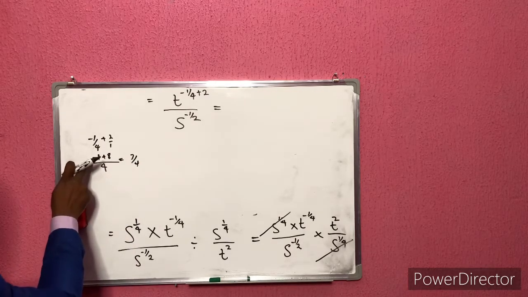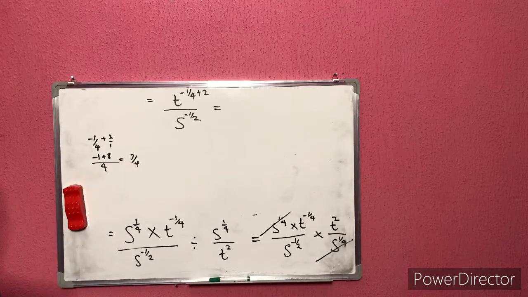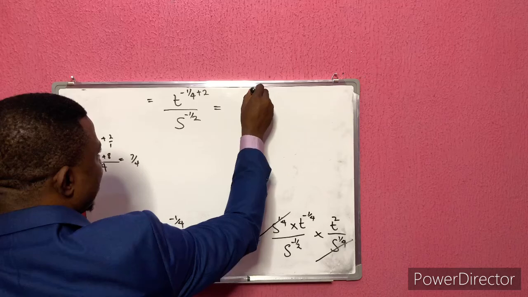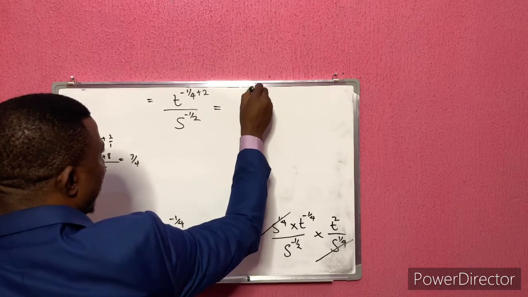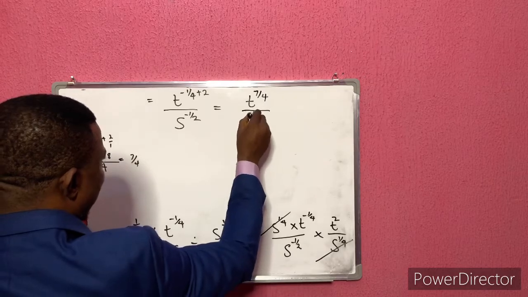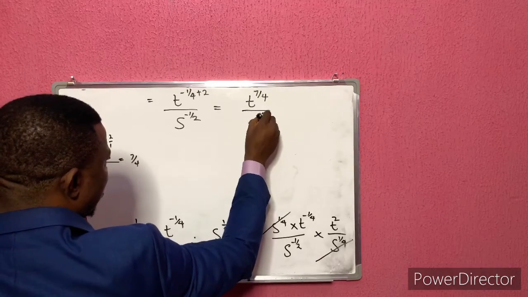You see, minus 1 plus 8, 7 over 4. So we're going to have t raised to the power 7 over 4 all over x power minus 1 over 2.